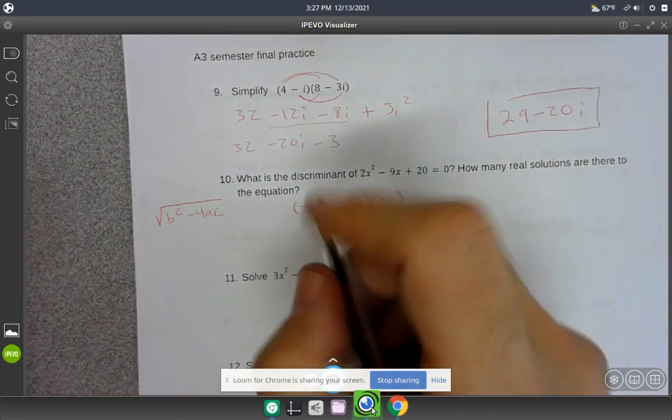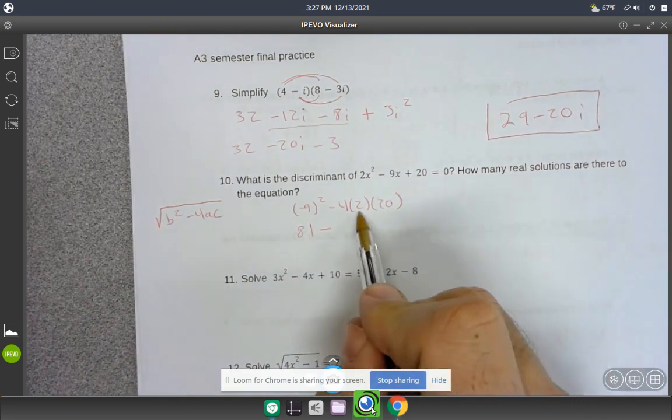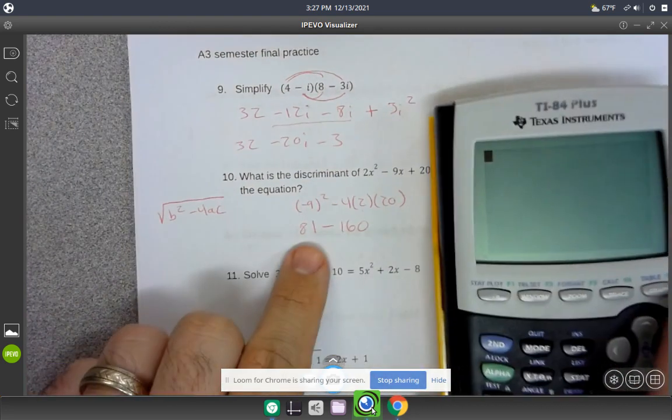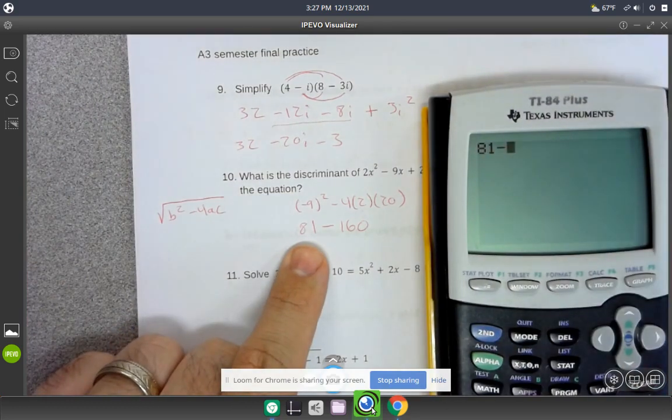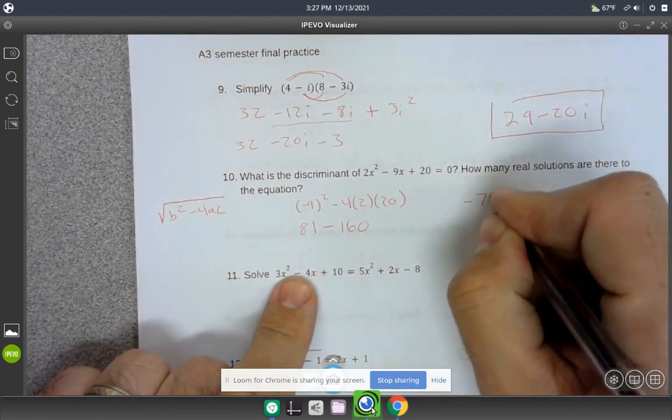Okay, negative 9 squared is 81 minus 4 times 2 is 8, 8 times 20. Okay, so 81 minus 160, negative 79. That's my discriminant.